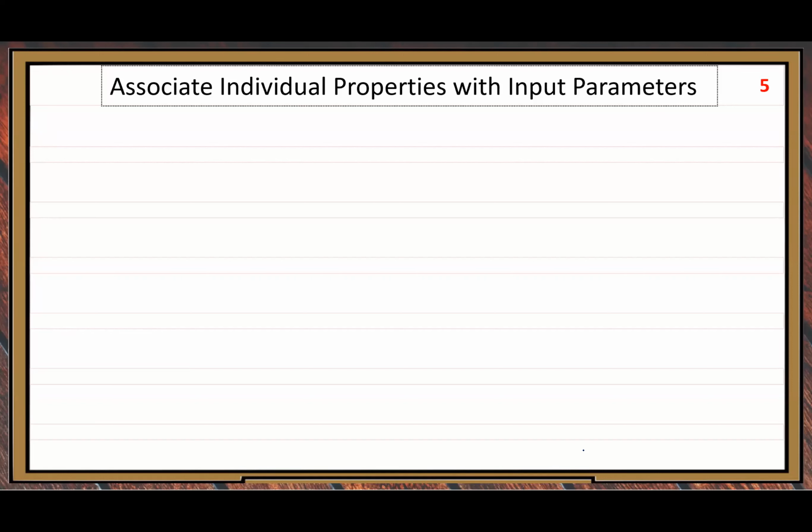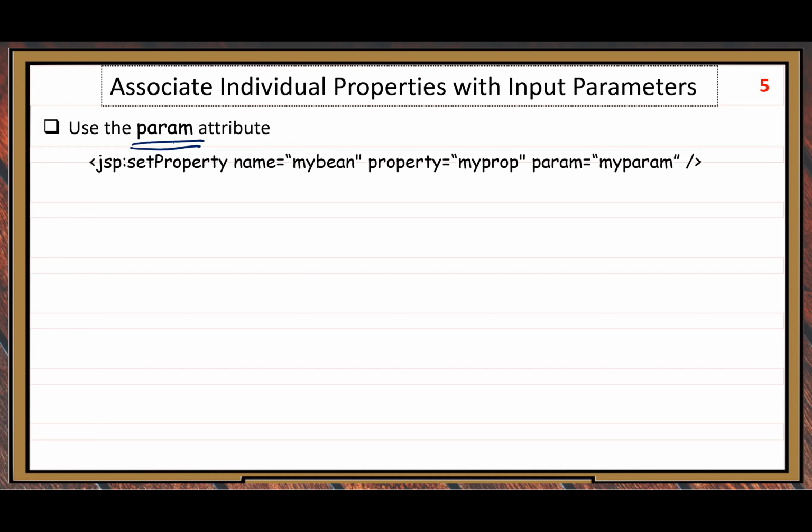Associate individual properties with input parameters. We need to tell the container how to make the mapping between bean properties and input parameters. Use the param attribute. How to use it, look at this. Okay, setProperty.